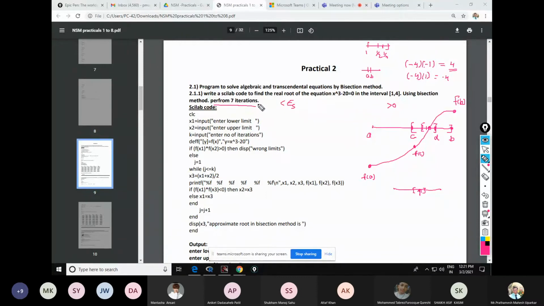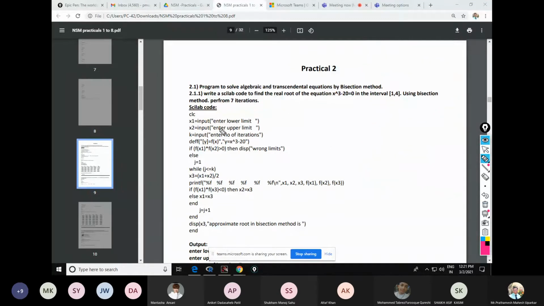When the difference between the current iteration and the previous iteration is less than es, then we have to stop the iteration. So let us see how the program is written.